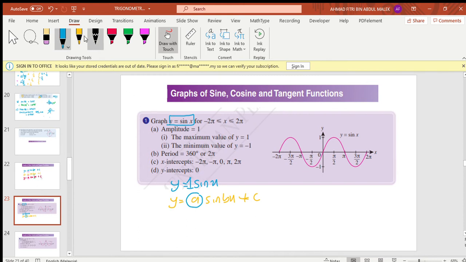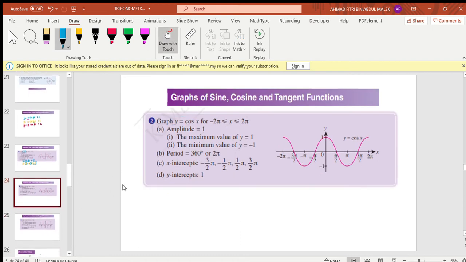So b here also cannot be 0 and is 1. And lastly, c here is 0. The same goes for the graph y = cos x.